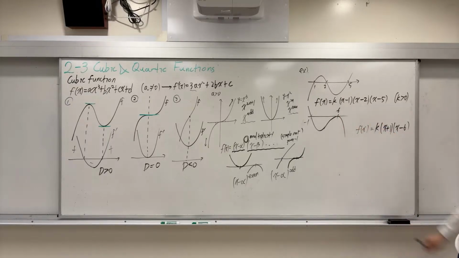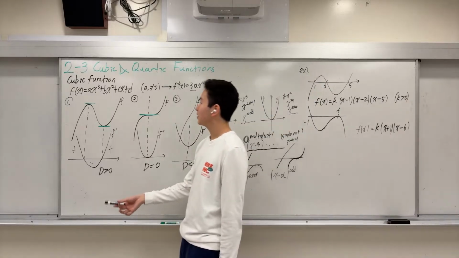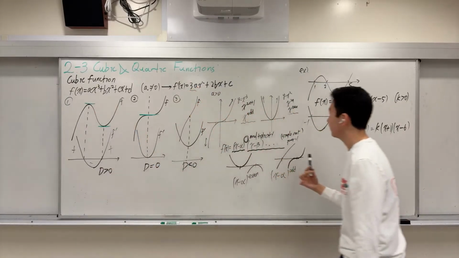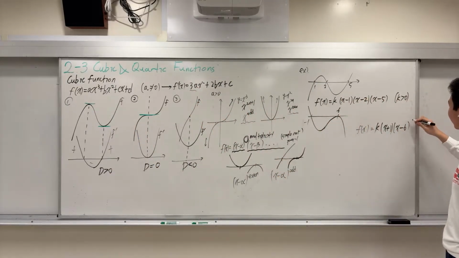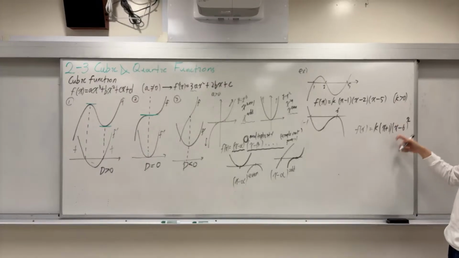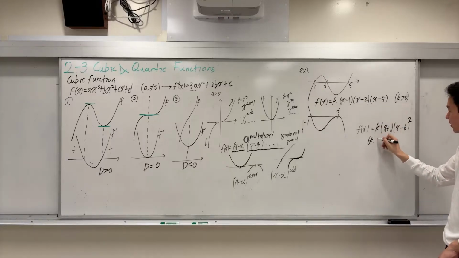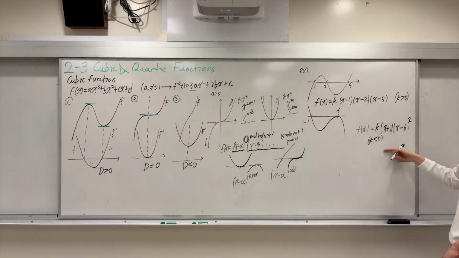So this must have an even exponent, an even multiplicity. The highest degree is 3. We must have a degree of 3, right? So the only option for this case would be a degree of 2, which means that degree of 1 multiplied by a degree of 2 would get you a cubic function, where k is less than 0. So this would be your expression for this particular cubic function.